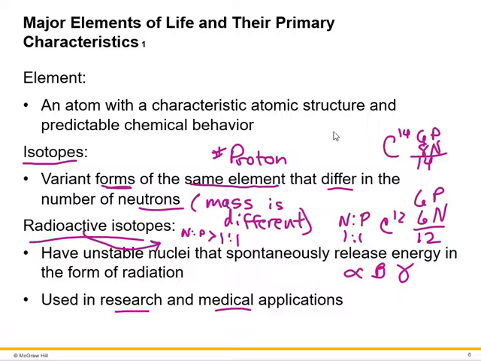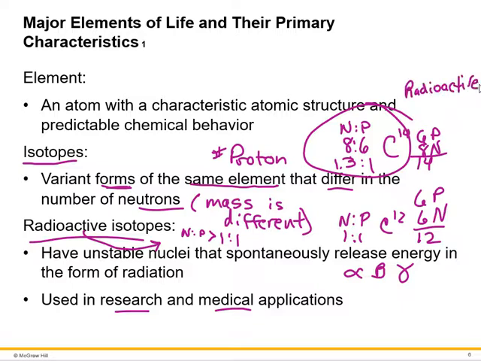It means that the neutrons to protons are greater. It's 8-to-6, which is like 4-to-3, or about 1.3 to 1. So that is definitely greater than 1-to-1, and so this isotope is radioactive because it has more than a 1-to-1 ratio.